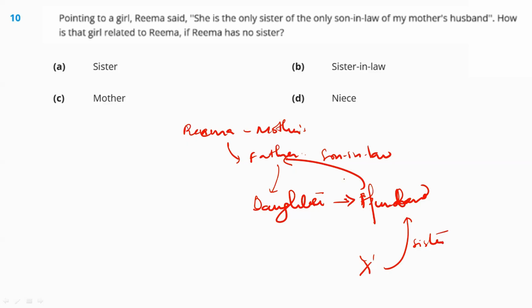So how is the girl related to Rima if Rima does not have any sisters of her own? This girl X is the sister of Rima's father's son-in-law, which is basically Rima's sister's husband. So this lady X is going to be Rima's sister-in-law. So option number B is our right answer.